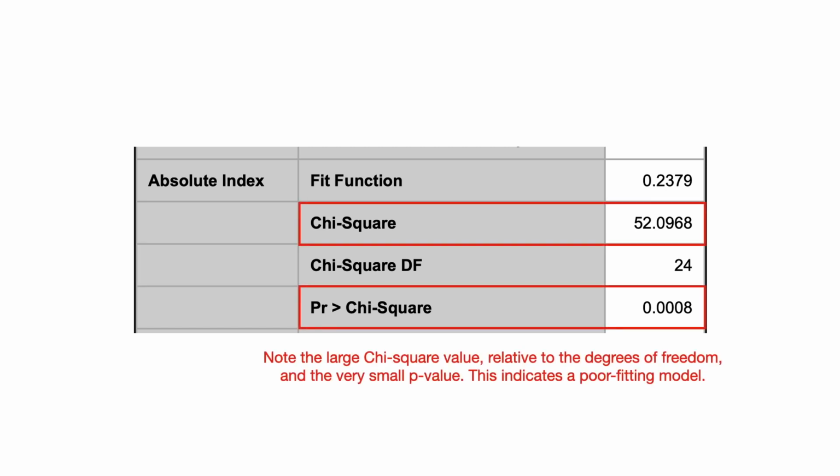And finally, note the large chi-square value of approximately 52 relative to the degrees of freedom, which is 24. The chi-square value is a little more than twice the number of model degrees of freedom. Note also the very small p-value, 0.0008. These indicate that the model fits poorly.